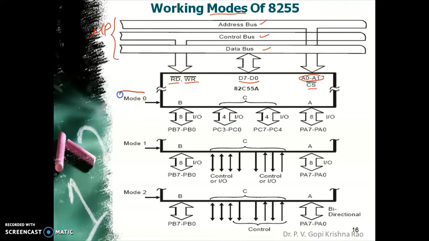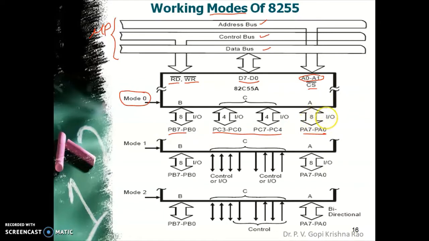Let us assume that we have configured 8255 in mode 0 of operation. So in mode 0 of operation, as we have said, it is a simple IO operation. All the ports, port A, port B and port C, can be used as IO ports.